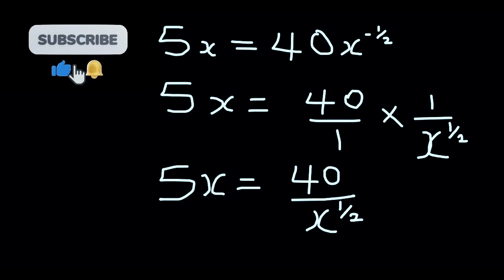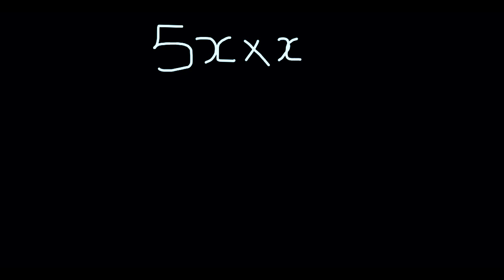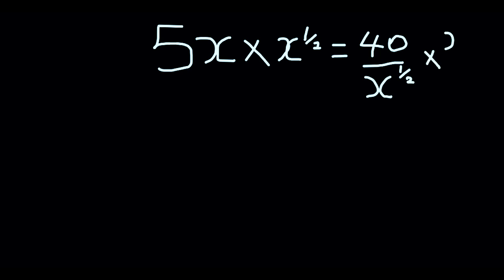we then have 5x multiplied by x to the power of half equals 40 over x to the power of half multiplied by x to the power of half. So this cancels this.